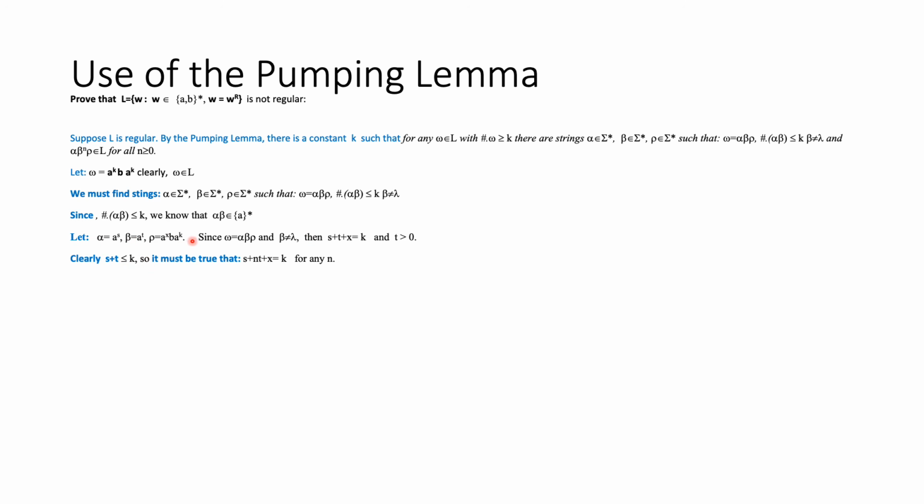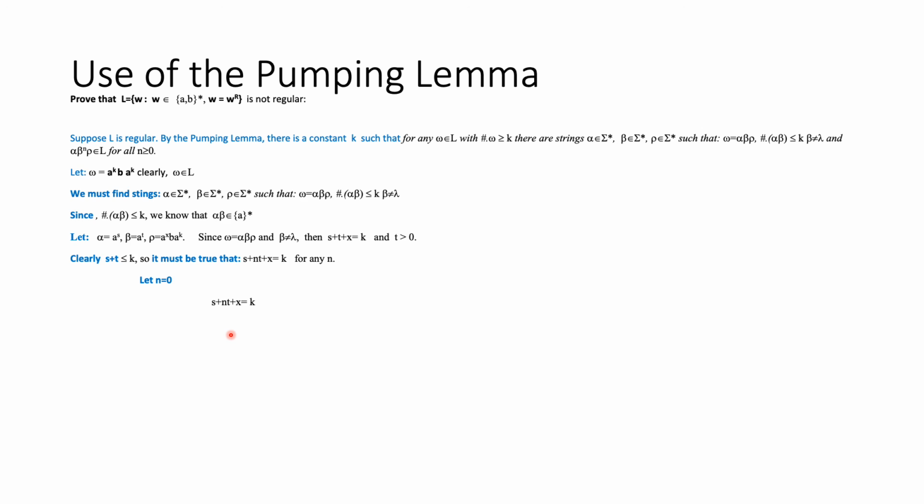Now, in the first place here, since the concatenation alpha, beta, rho is omega, I know that S plus T plus X is equal to K, with T greater than 0. Then this part is the same as before. Let N equal 0.